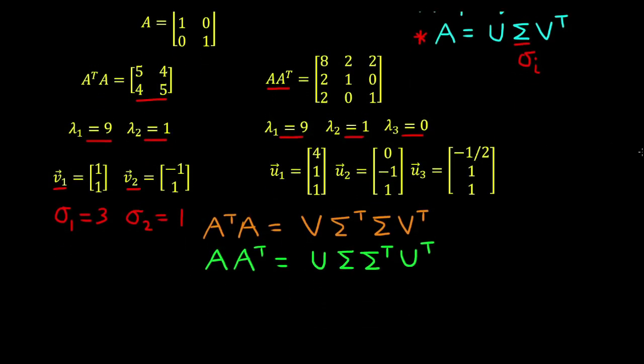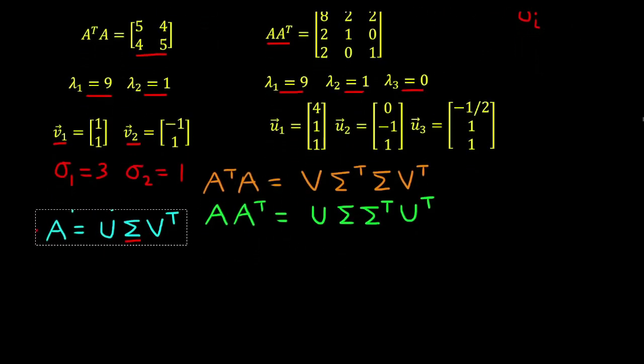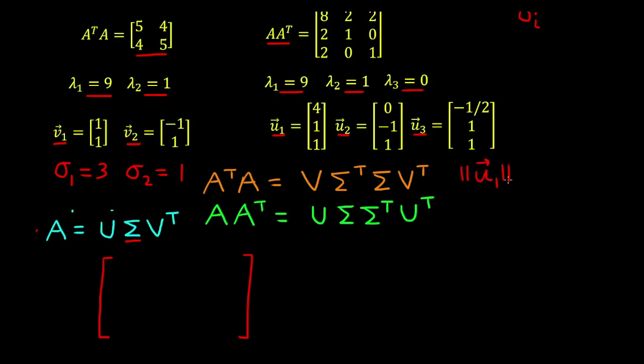So let's copy this decomposition of matrix A down here to make a bit more space. So our matrix U has the normalized eigenvectors in each column. The norm of U1 is equal to the square root of 1 squared plus 1 squared plus 4 squared, which is root 18.